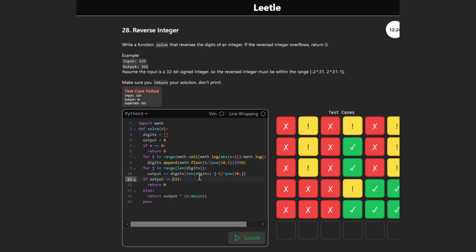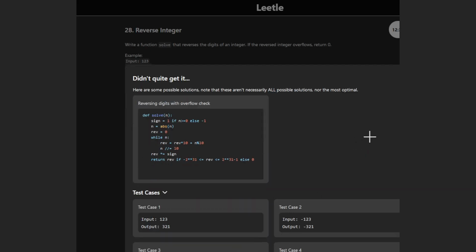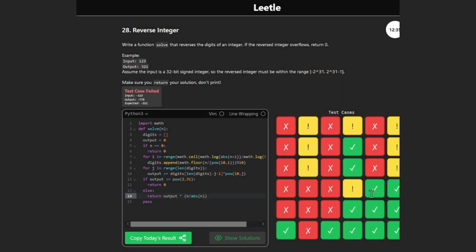Oh. How 231. Because I don't know if that notation actually works. Ah! Damn it. Okay. The only test case that I failed on was test case 2.